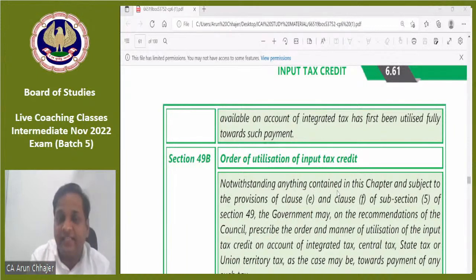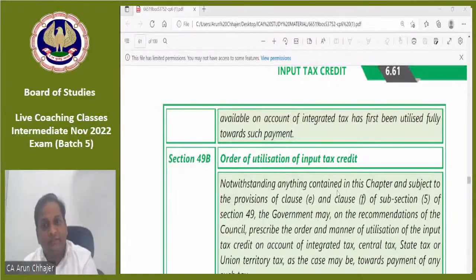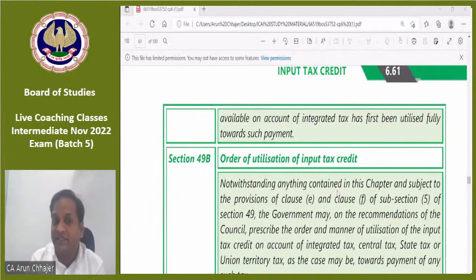Section 49A is saying C will take first from I. And that is the reason 49A was inserted. Similarly, S needs some amount. S has excess ITC, C has excess ITC, I has excess ITC.